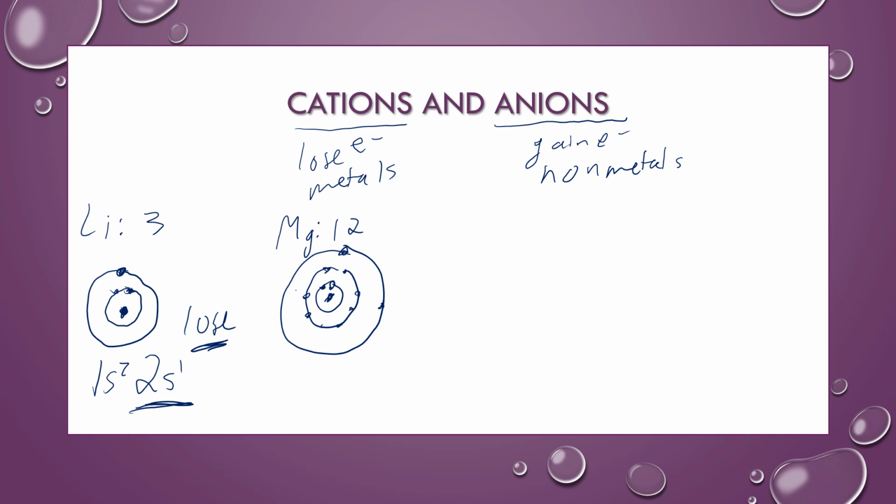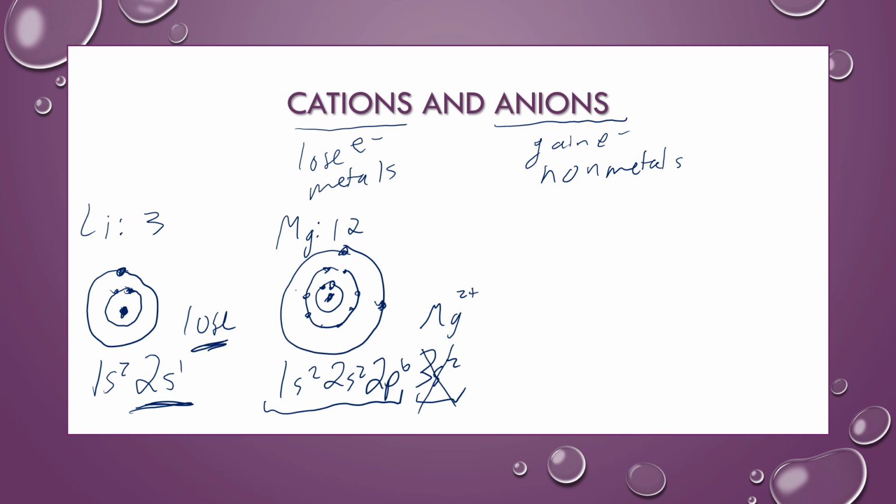Its electron configuration will be 1s2, 2s2, 2p6, 3s2. So these electrons are all core electrons. There's only 2 that are valence electrons, so it's pretty easy for it to lose those 2 and become a magnesium with a +2 charge.